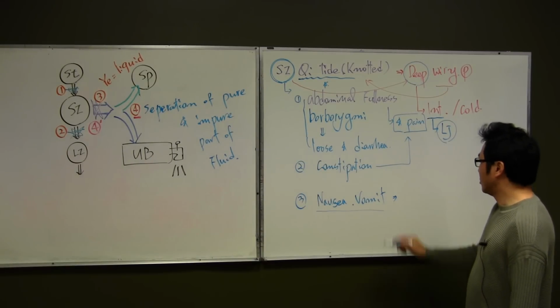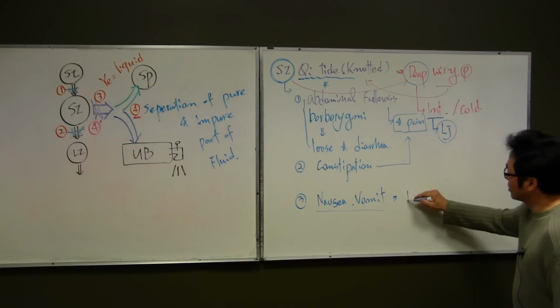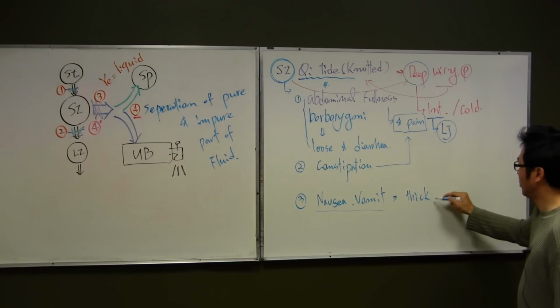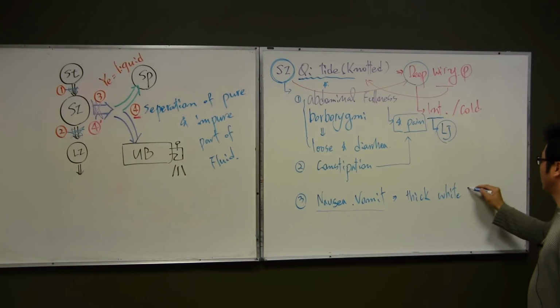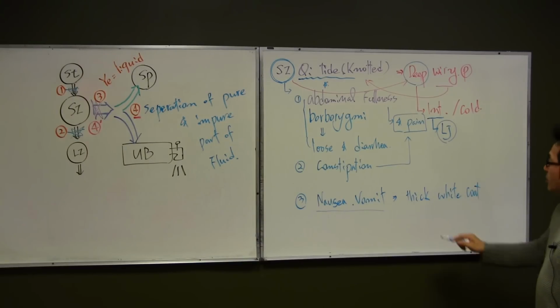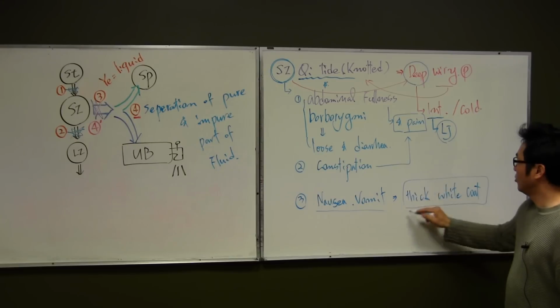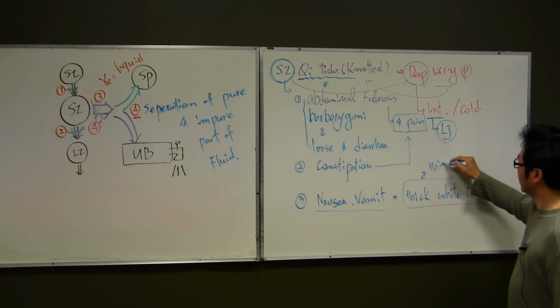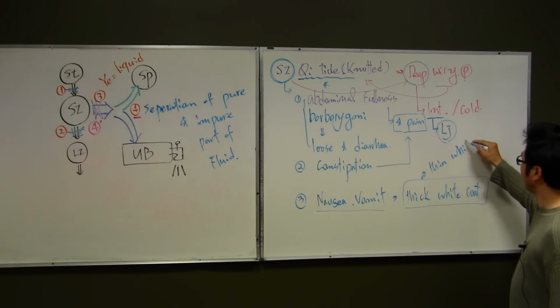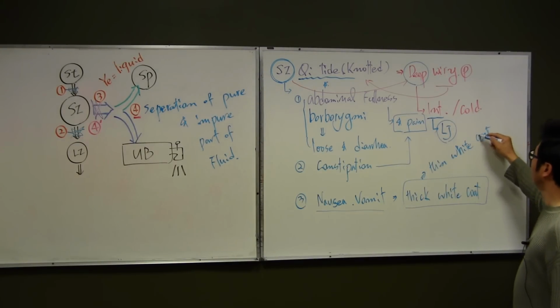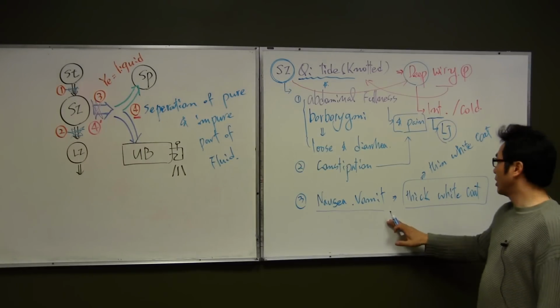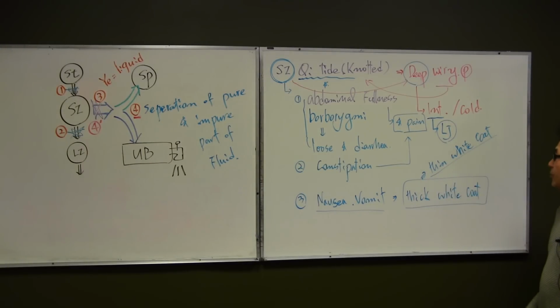And there's another one, which is usually a thick white coat. In most qi stagnation cases, you may expect what? Thin white. This condition can also have a thin white coat, but basically this condition has thick white.